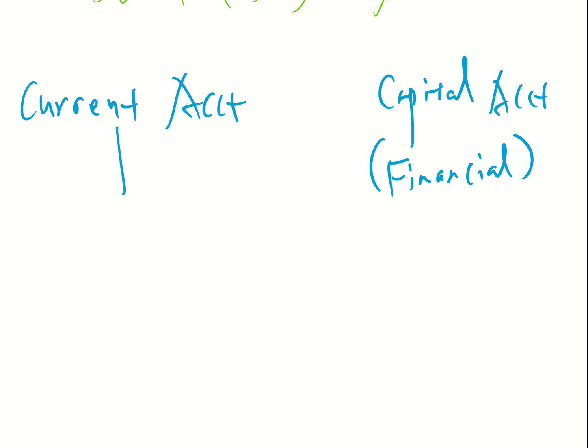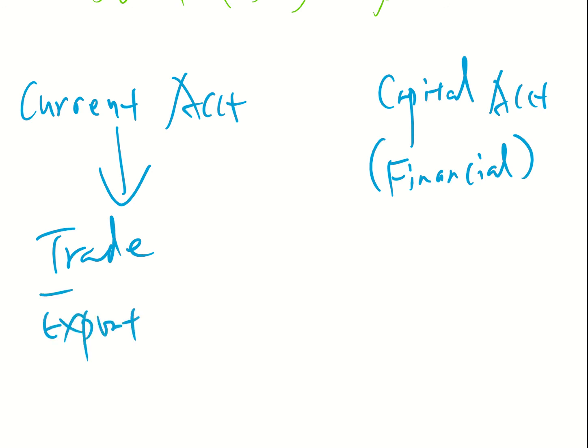So the current account is your trade. This is the cash inflow and outflow coming from the trade market, so export and import. When you are exporting goods, you are getting money into the economy, right?